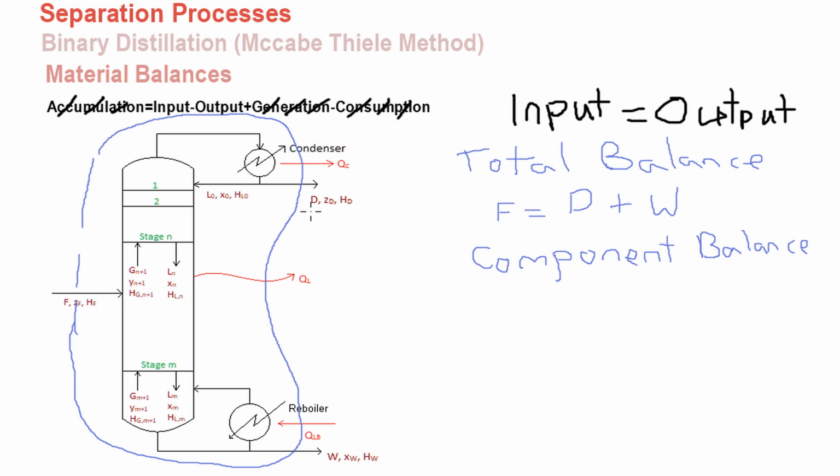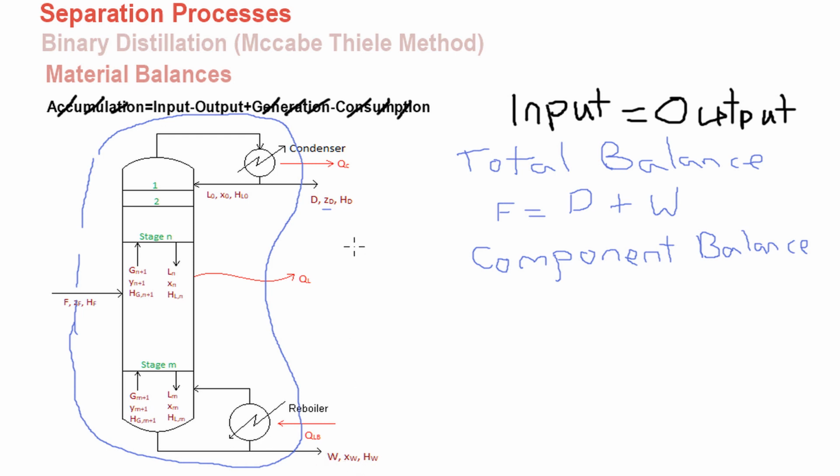We have a distillate D, where the composition of the most volatile component in the distillate is ZD, the flow rate W, and the composition of the most volatile component in the waste or the bottoms is XW.